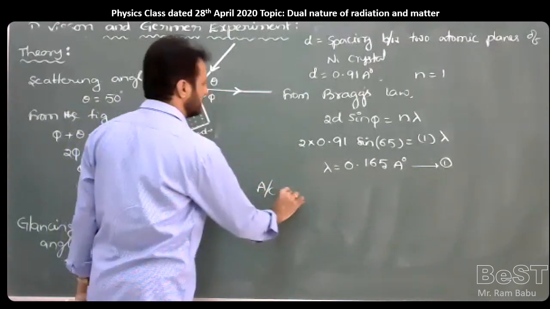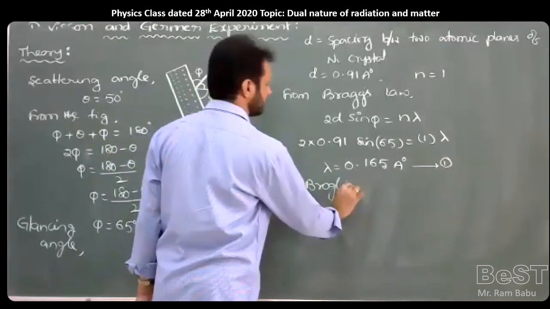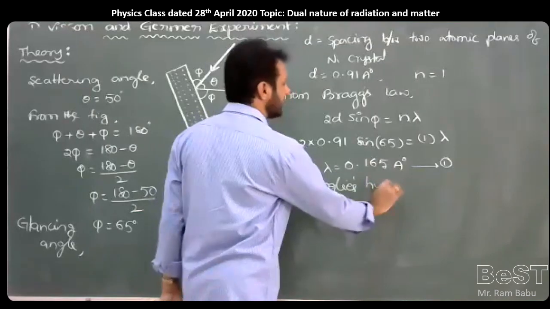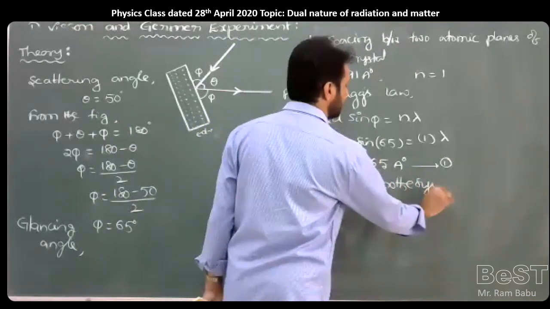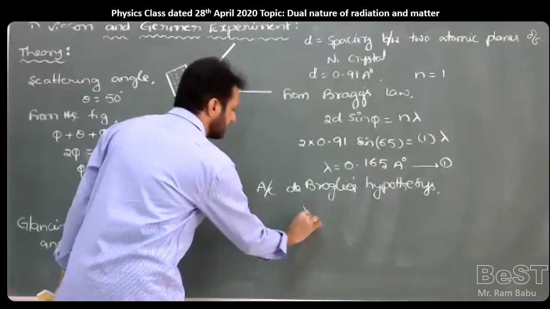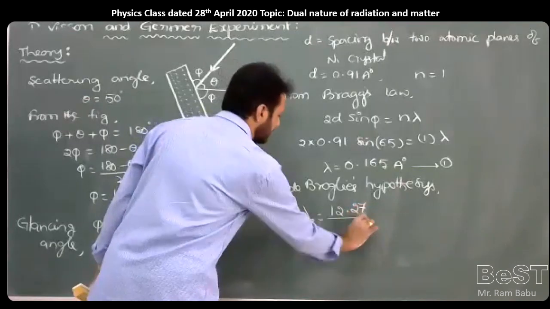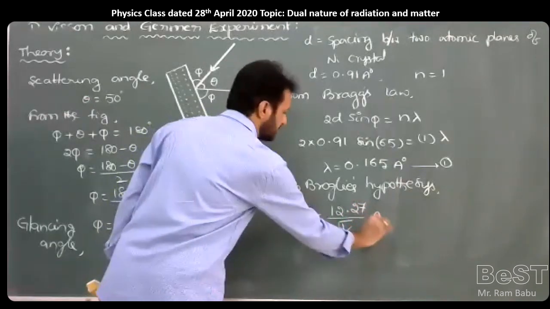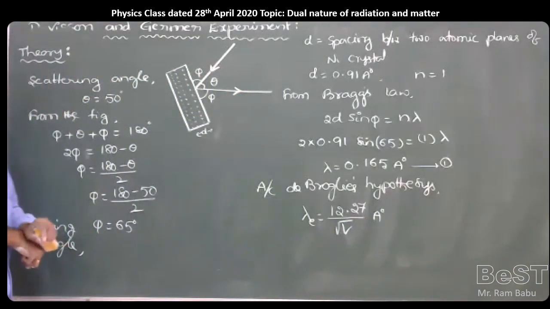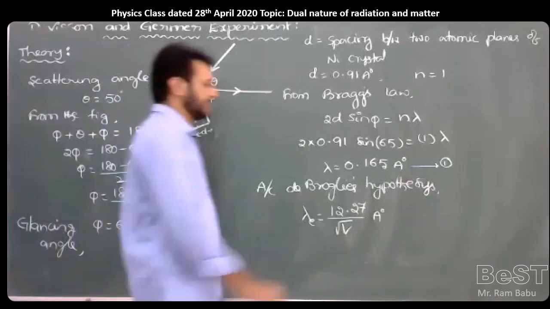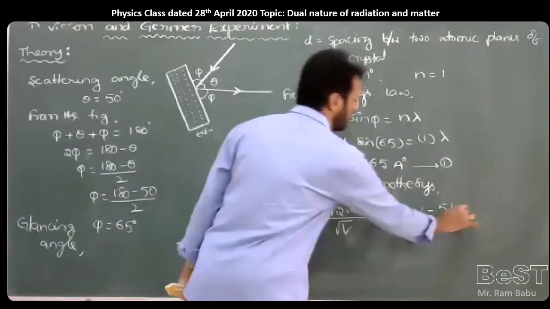According to de Broglie's hypothesis, we know the wavelength of an electron is given by 12.27 by root V angstrom unit. But from the experiment, the wavelength at which we observed the highest peak is at 54 volt. I'll substitute the potential difference V is equal to 54 volt.